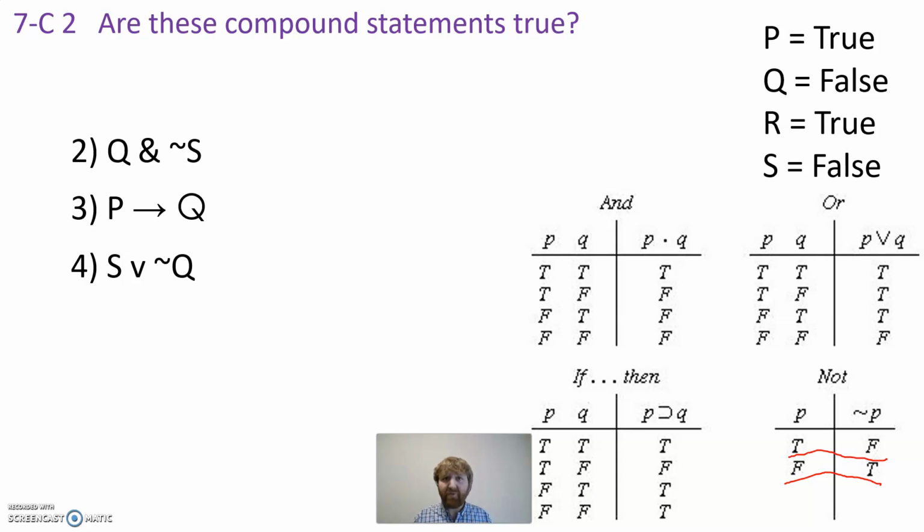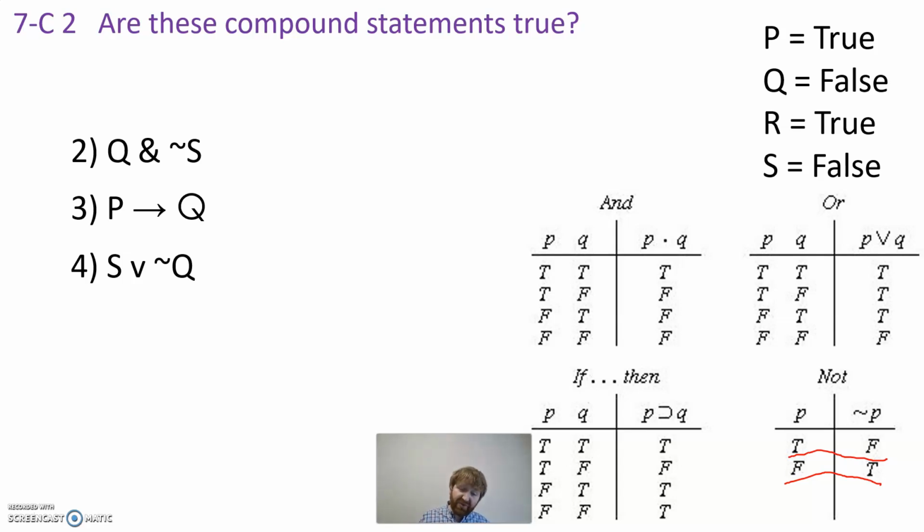Well, let's talk about that. We've got a truth table for and, and you'll notice that there are 4 rows below the line rather than just 2. That's because we're working with 2 different statements, P and Q. They really should use letters that look less similar to each other, whatever.